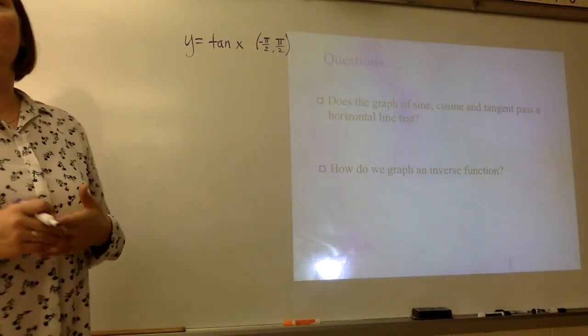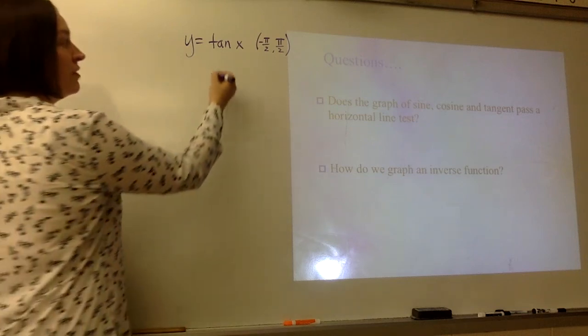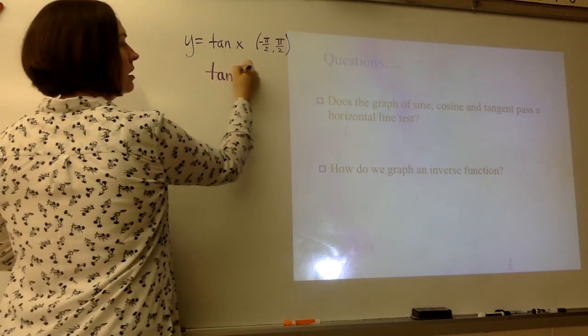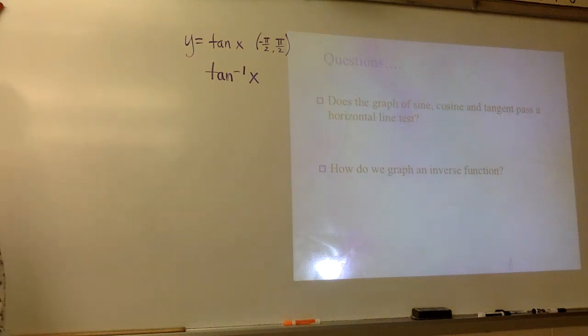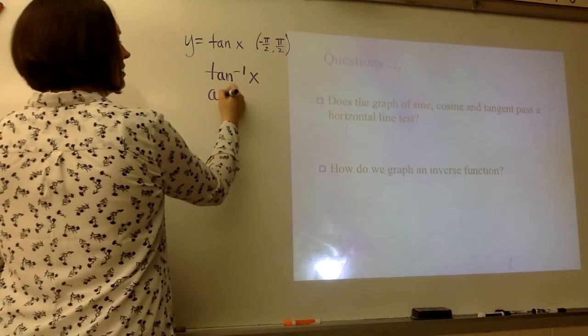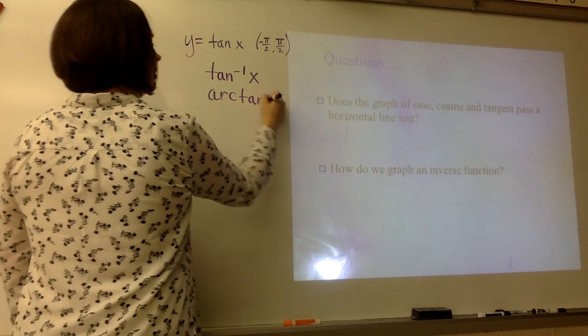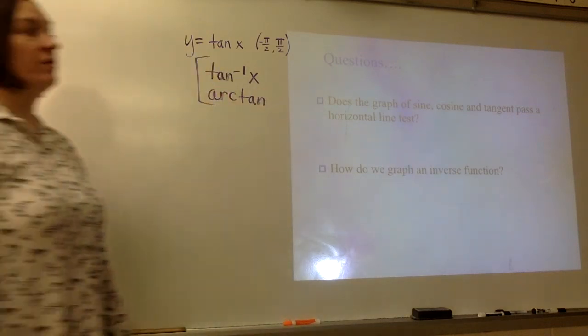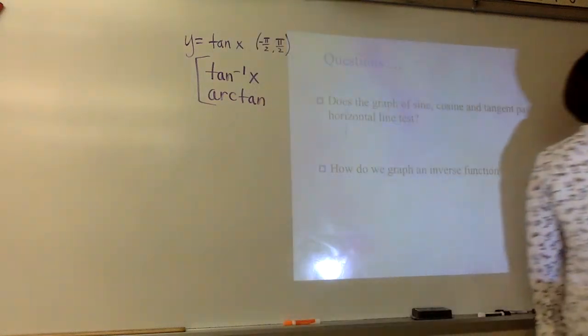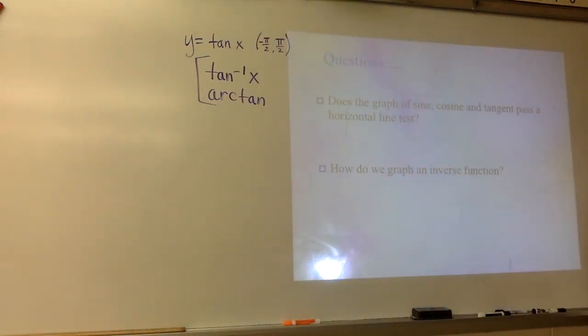So we are going to define tangent inverse of x, also known as arctan. These are the same thing. These are your inverses on the interval from negative pi over 2 to pi over 2.